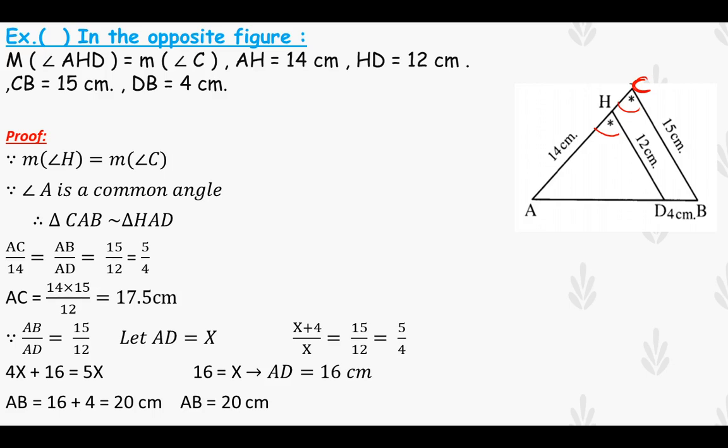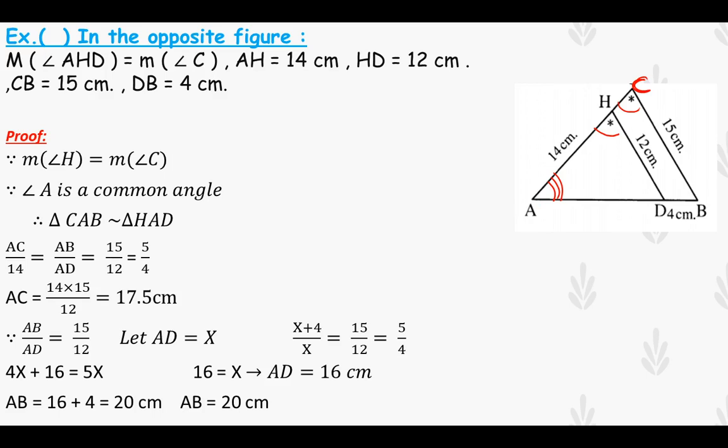Okay? But here in triangle AHD and in triangle ACB, you can find that angle A is a common angle, because angle A is one of the angles of triangle HAD, and it is also one of the angles of triangle CAB.